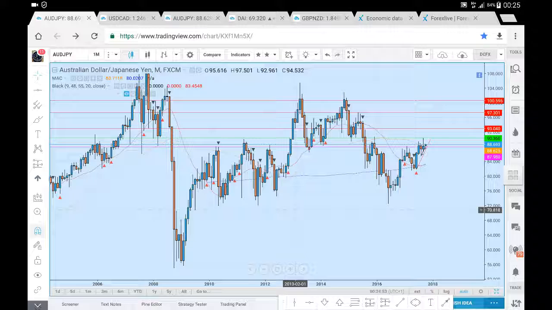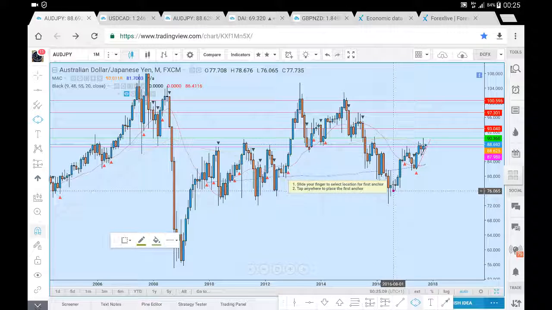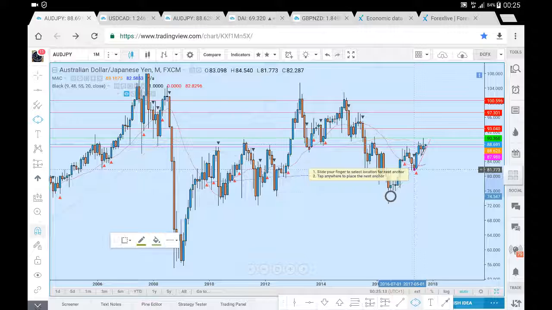Again, the monthly time frame is conducive to a bullish move. We've had prices come down and form a reversal, and supportive of it on the monthly time frame as well is what we can see here. We've had our lows over here. Let's just get this right.